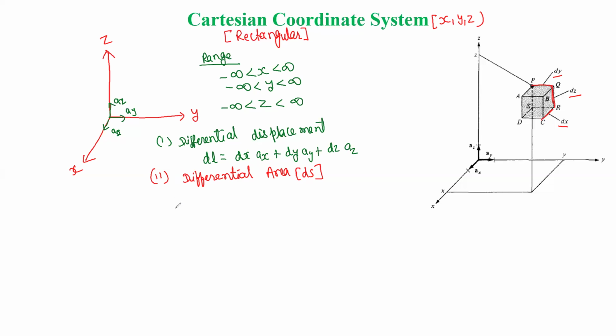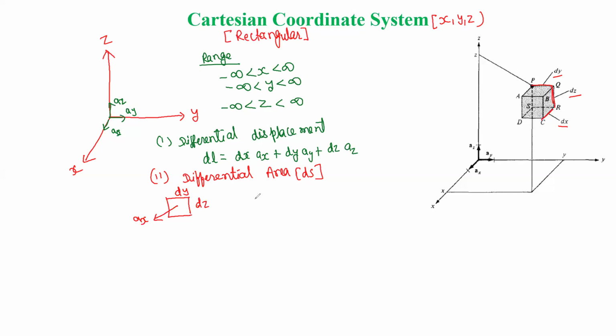Now suppose we consider one shape here. If you have dimensions like this, this part is our dz and this one is the dy. So what will be the area vector here? It will be perpendicular to this surface, and this is along the x-axis.